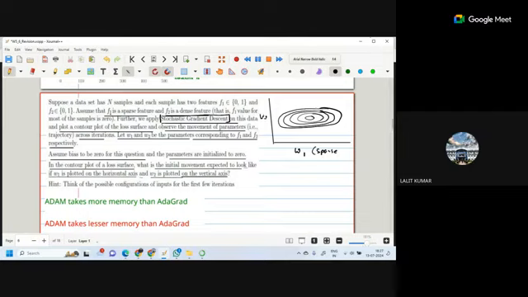This is W2, and this is dense. In stochastic gradient descent, first of all, we have to understand that the update takes place with every data point. We take one data point, we update. We take a second data point, we update. We take a third data point, we update. So it is jittery. It is not smooth, because one data point can be far away from another. However, we are not using any AdaGrad or RMSProp.